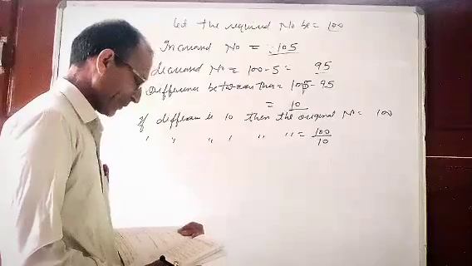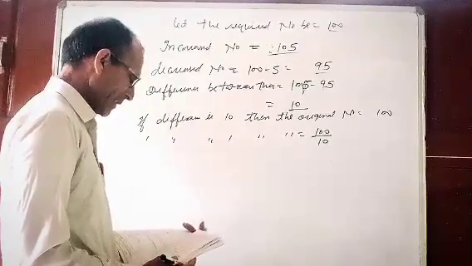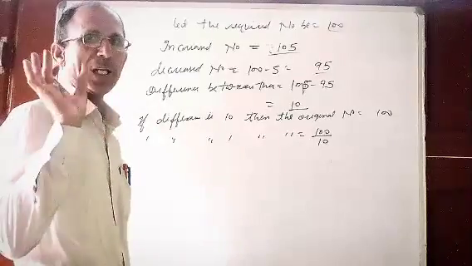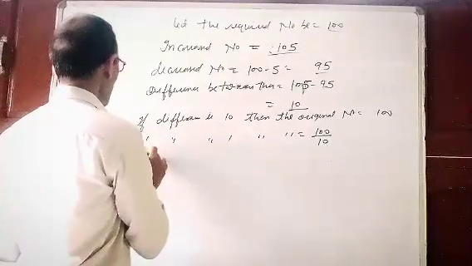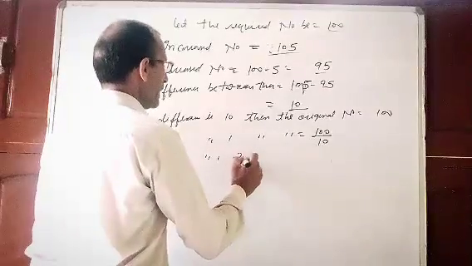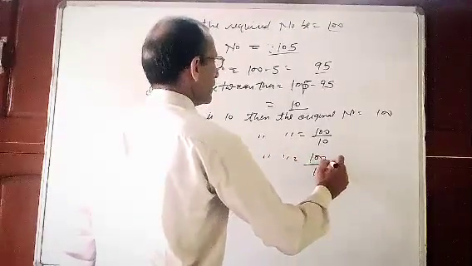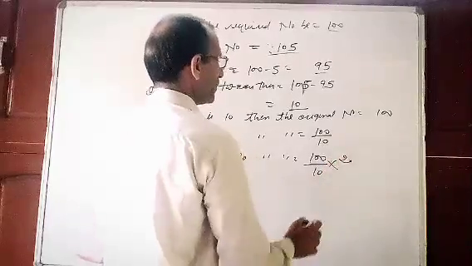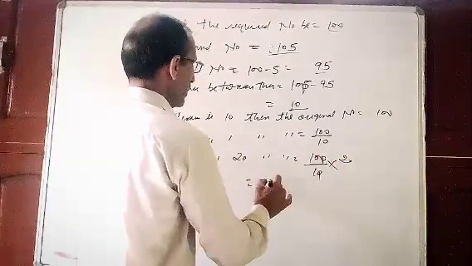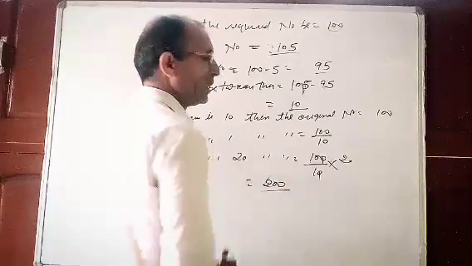The difference is given. What is the difference? The difference is 20. If the difference is 20, then the original number will be 100 by 10 multiplied by 20. 0 cancels 0, so 200. Then the original number is 200.